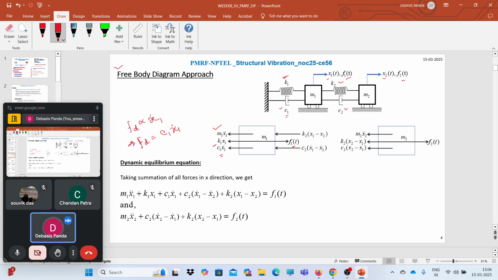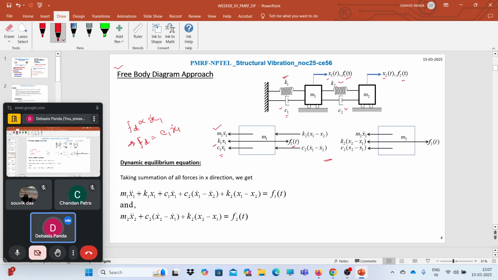Now what I said, these two systems are connected to each other, so obviously we will have some relative displacement over this point when we separate them out. So here I have separated them out, so we need to identify the force component first with respect to the relative displacement.